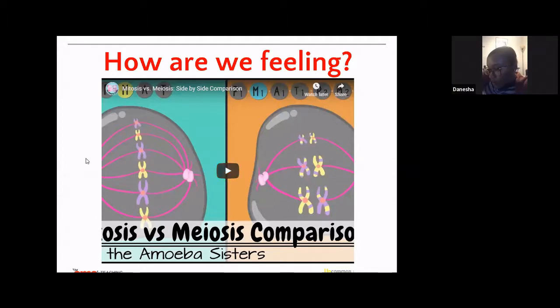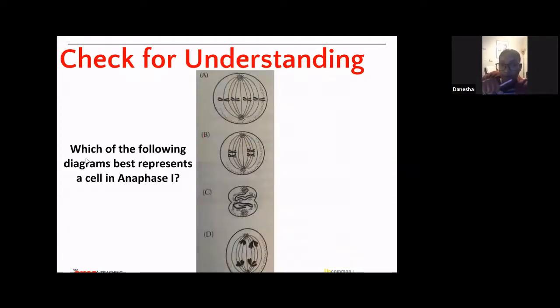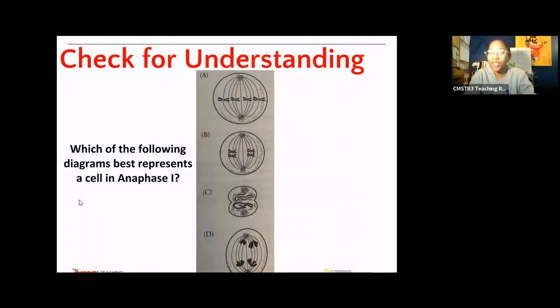So let's look at some questions. Which of the following diagrams best represents a cell in anaphase 1? Think about that clue right there and what we just talked about in mitosis and meiosis.